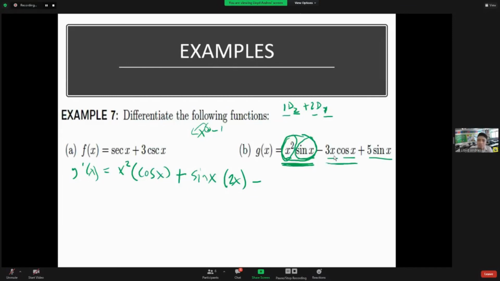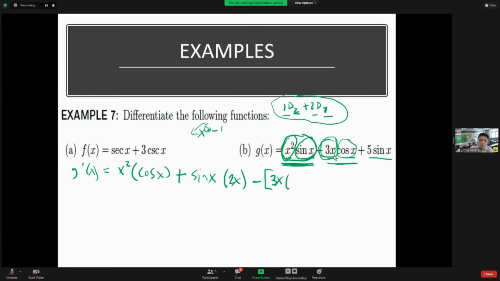Again, this is a product between 3x, with a negative, so negative 3x, with the minus here. So this is a product between 3x and cosine x. So apply again first times the second, second times the first. So minus the quantity: first is 3x times the derivative of the second, which is cosine.